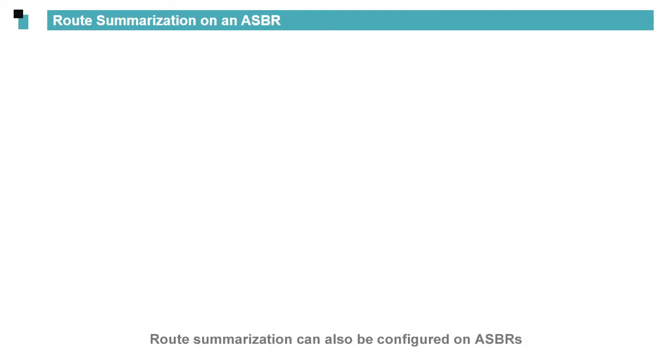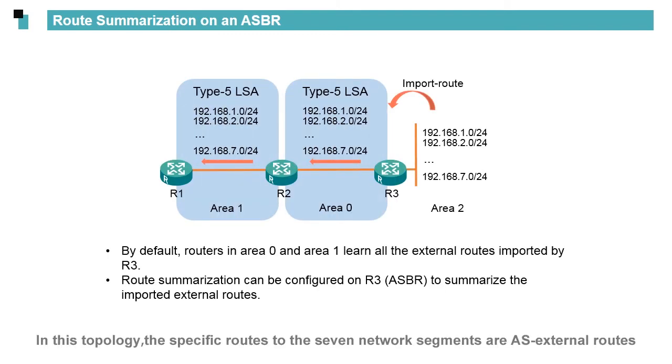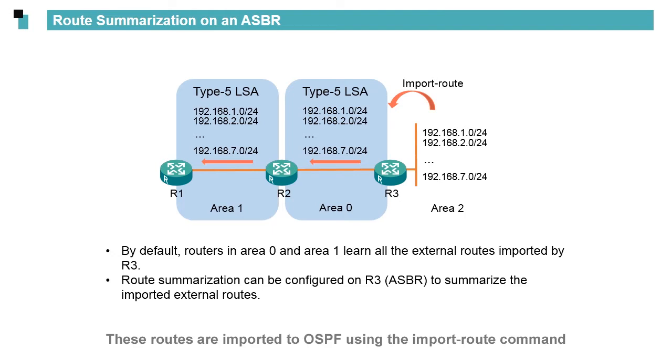Route summarization can also be configured on ASBRs. In this topology, the specific routes to the 7 network segments are AS external routes. These routes are imported to OSPF using the import route command. By default, R3 advertises these specific routes to Area 0 through Type 5 LSAs.